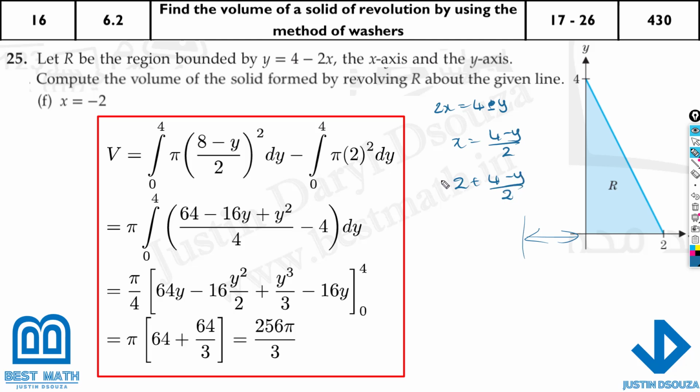Let's do this. Here you can multiply 2 and 2 will be 4 by 2, because you multiply and divide by 2, plus 4 minus y by 2, and here then we will have 4 plus 4 is 8 minus y. Yeah, that should be correct. So let's try it in the calculator now.